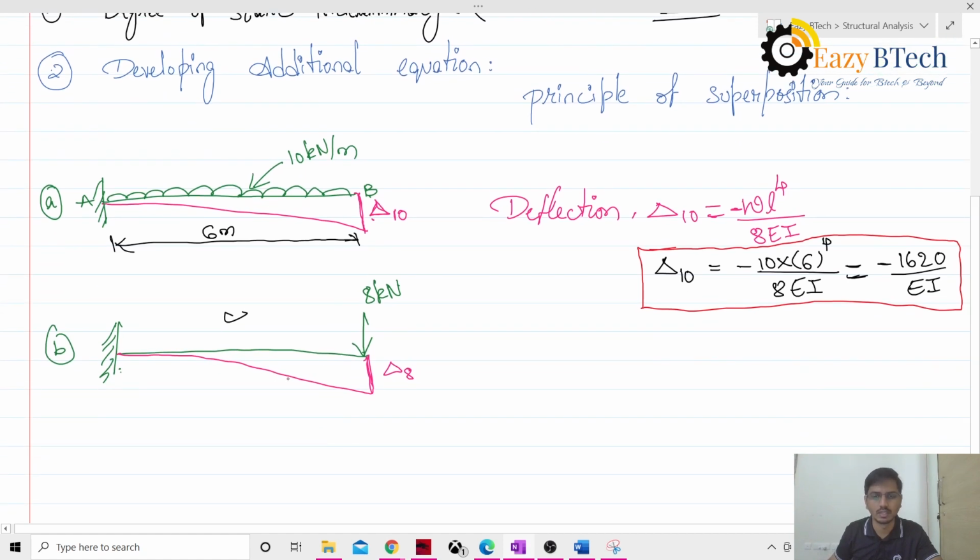The deflection at this point is delta 8 equals P L cubed by 3EI, which is the formula.